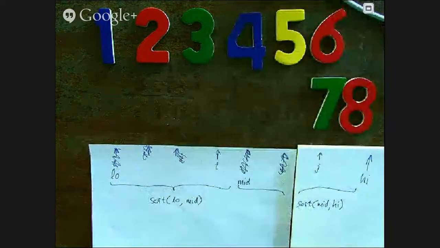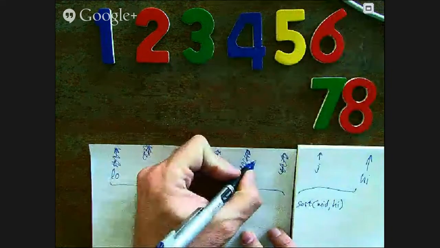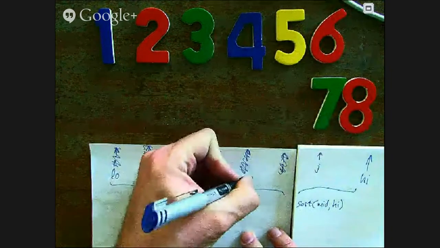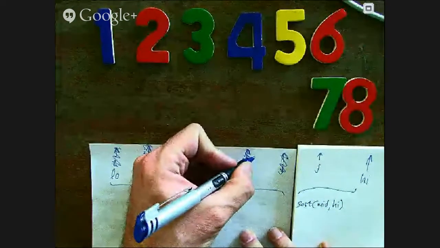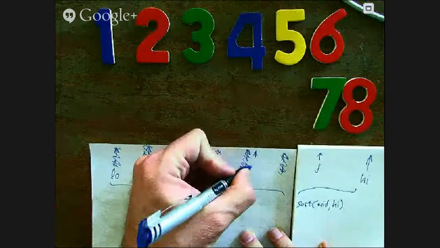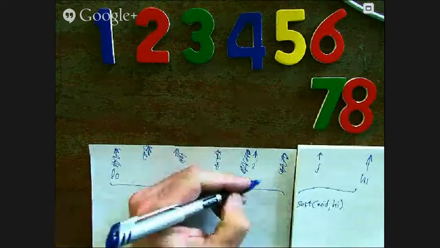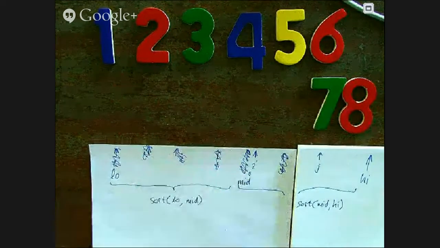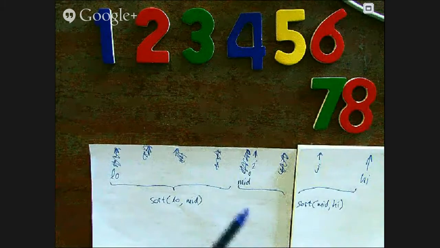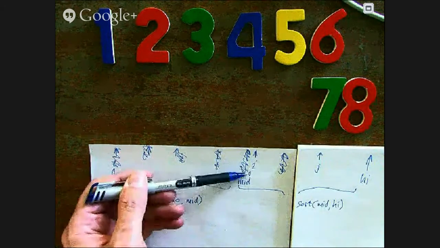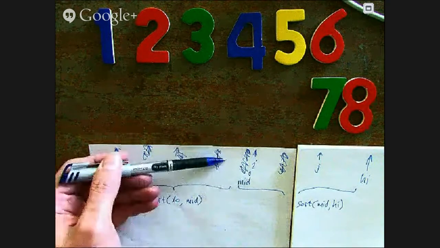And now I'm in a tricky situation because I is now pointing at the same position as mid. I've actually exhausted my left-hand array. I is pointing here, and it's equal to mid. It has moved into the second part, the right-hand side of my array. So I have to have a special case to check if I've copied all the elements from the left-hand side.